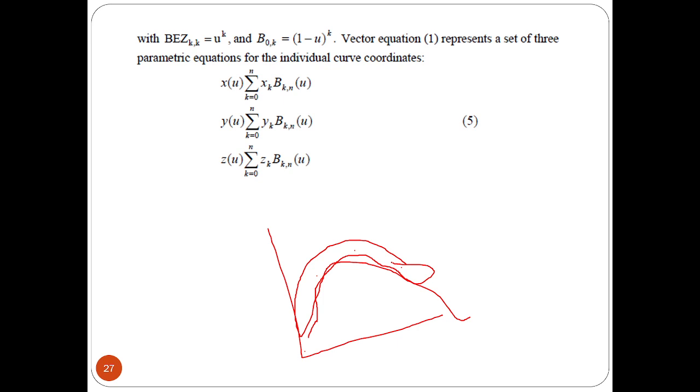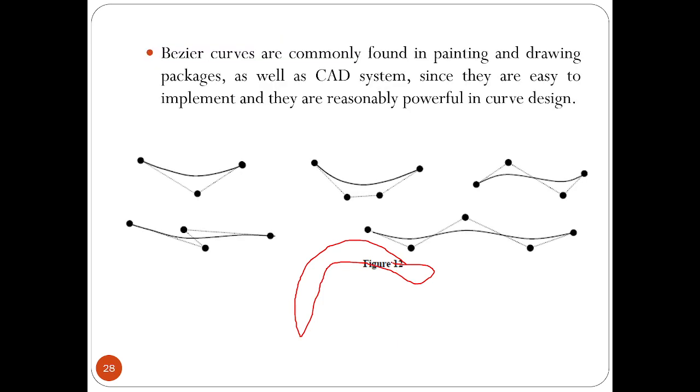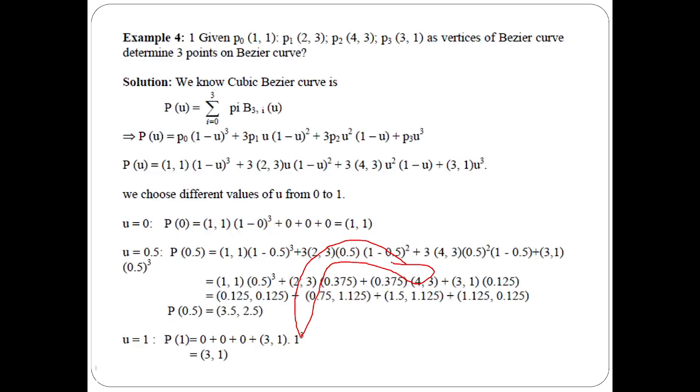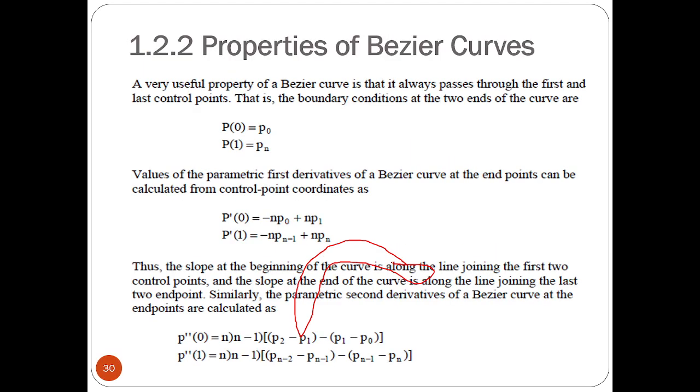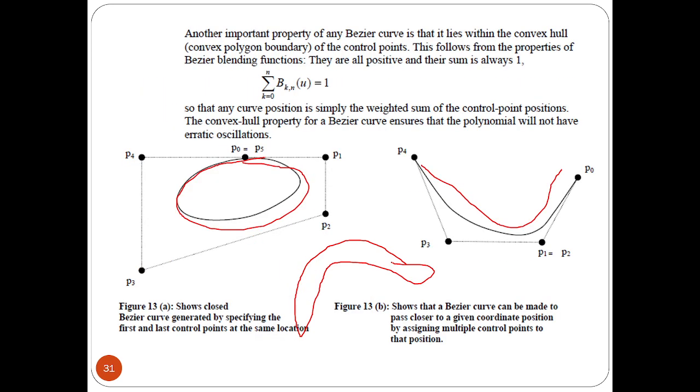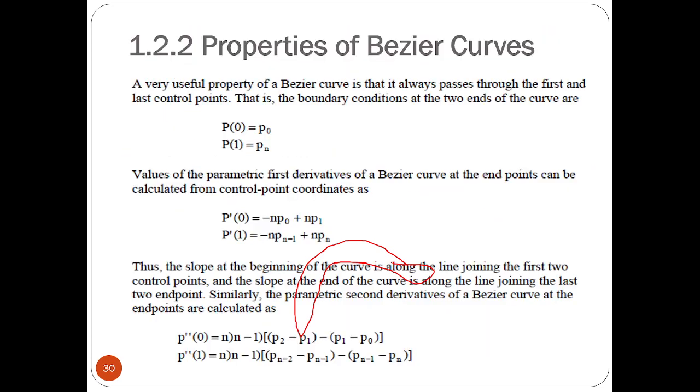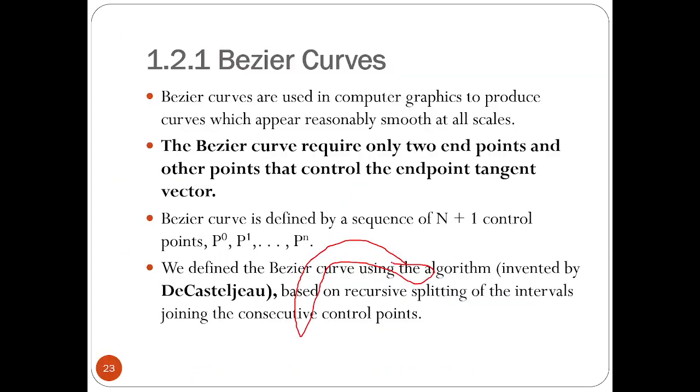So based upon that we can write the values for the particular conditions. Bezier curves are commonly used in drawing packages and CAD systems. So these are the properties: the first one is the initial starting point, the second one is the control points, the third one is the convex hull, and the fourth one is the curves. The Bezier curve is very important for curving operations.